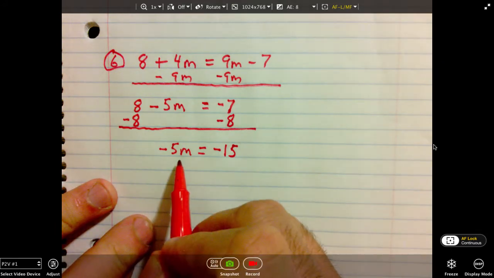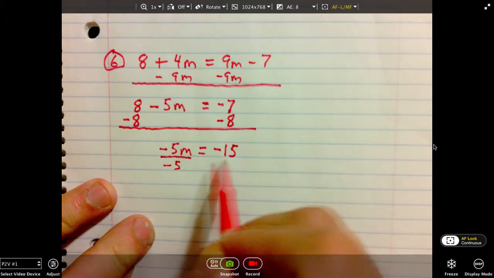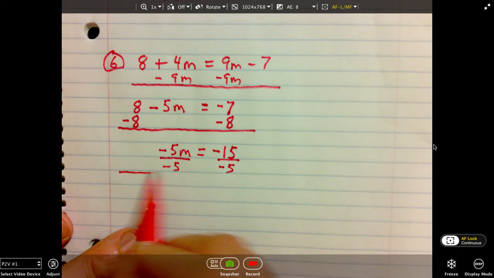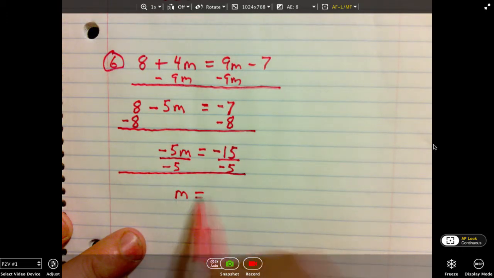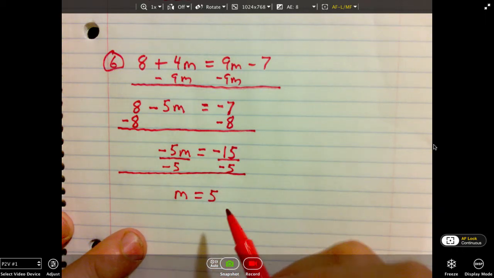Solving for m, we will divide by the coefficient, negative 5, on both sides. Negative 5 divides negative 5 to leave m. Negative 15 divides negative 5 is a positive 5.